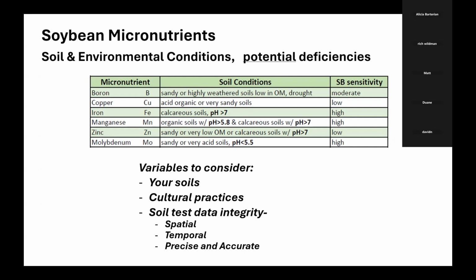How sensitive is that crop to boron deficiencies with those type of conditions? Moderate. If guys are applying it in a very sandy field or just a really tough piece of ground, there could be a response to boron application. Most of our soils don't fall into that category.